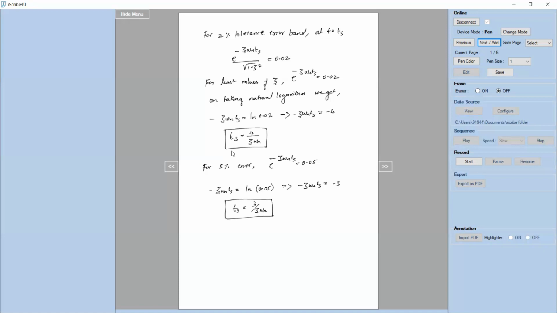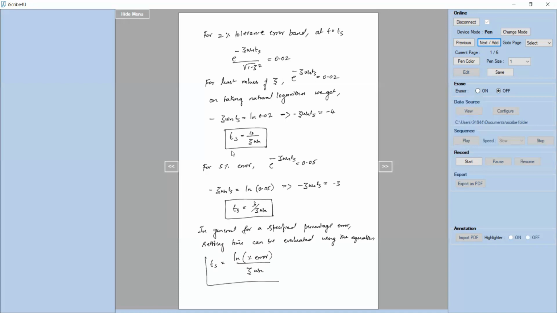So in general, for a specified percentage error, settling time can be evaluated using the equation ts is equal to natural log of percentage error divided by zeta omega n.